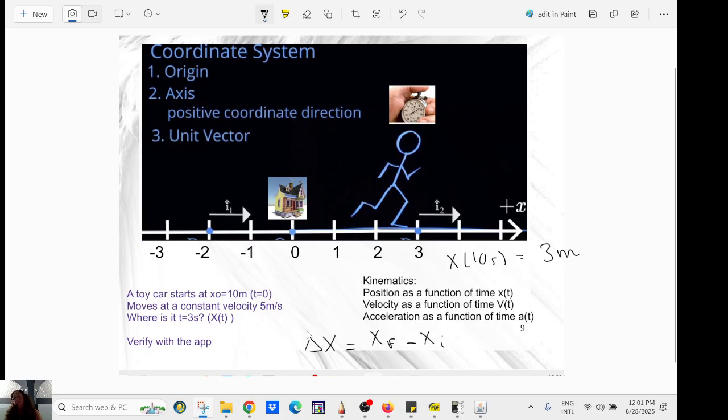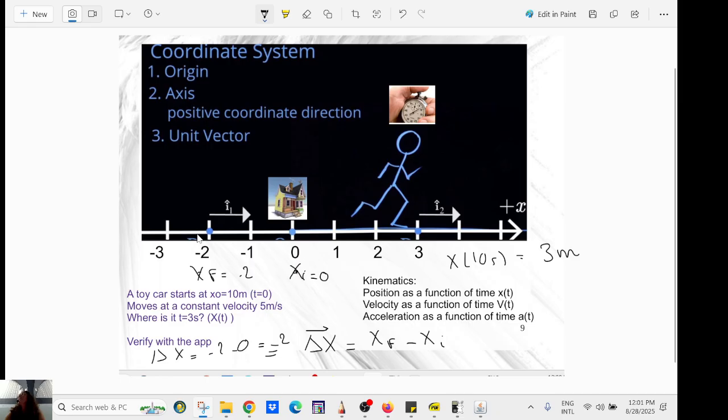And sometimes you put a little arrow here to show that it's a vector. So for example, if you go from here to there, you're going to say initial position is 0, final position is -2, the displacement is -2 minus 0, which is -2. Minus means in this direction.